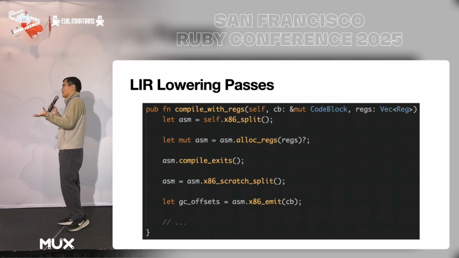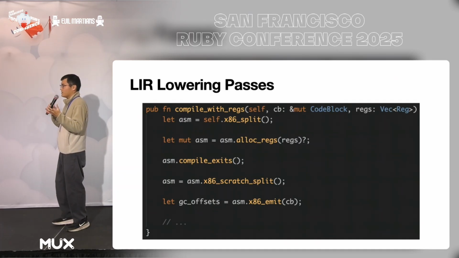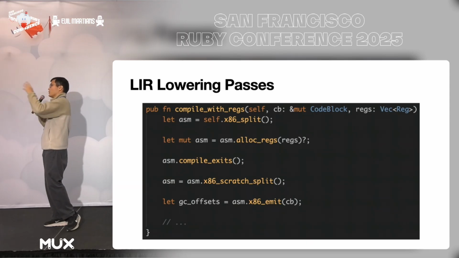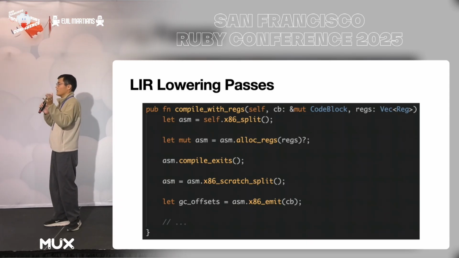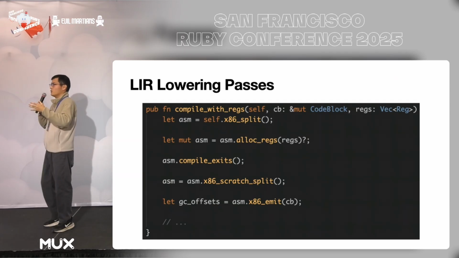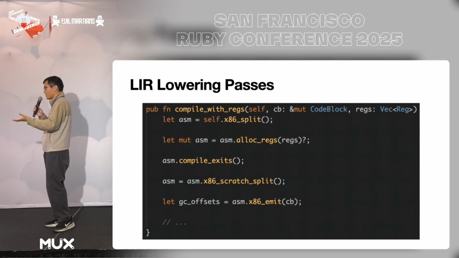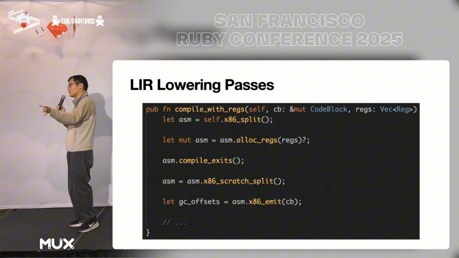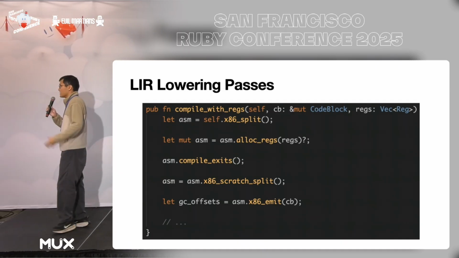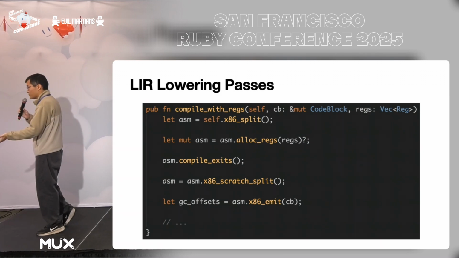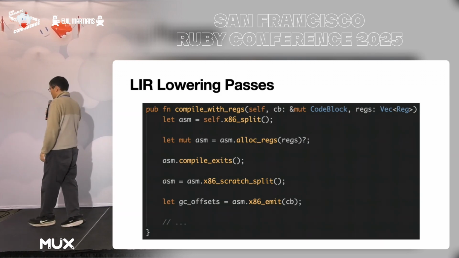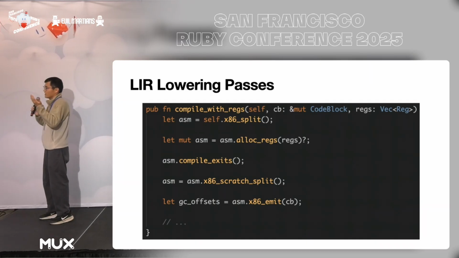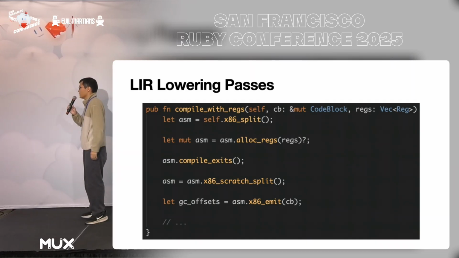So when you are using the interpreter, every operand used by an instruction is stored in the stack, which is memory. So whenever you run a Ruby script with the interpreter, every time you execute an instruction, you read from memory and write into memory. So it's kind of slower than using registers provided by the CPU. So by having this alloc regs, you almost instantly get faster than the interpreter.